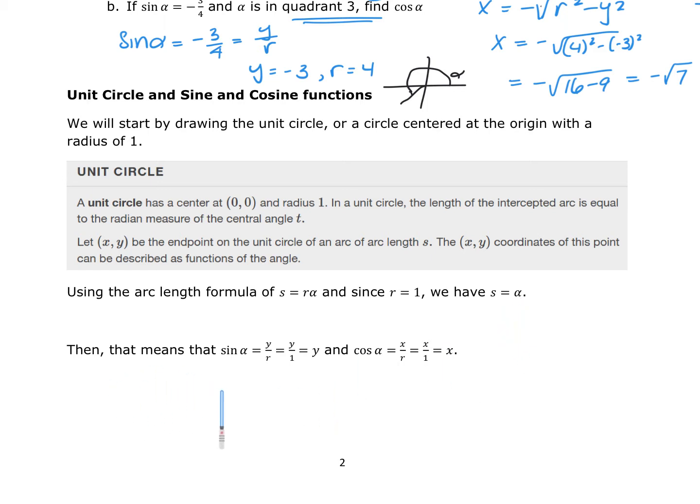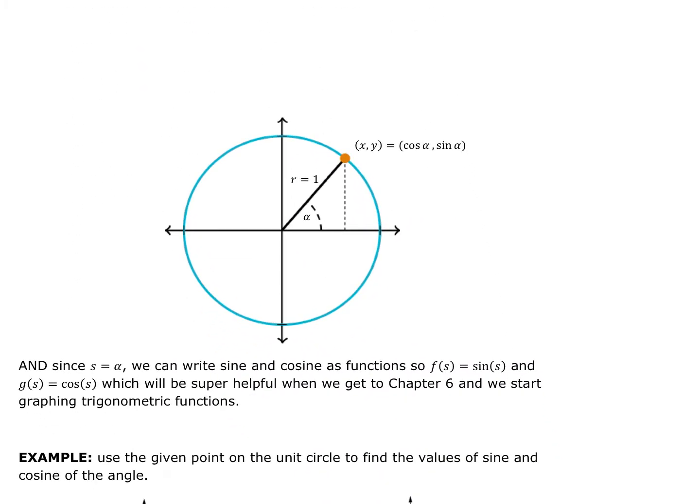That means, going back to where we really were talking about, was the sine of alpha being y over r. The sine of alpha on the unit circle ends up just becoming the y part of the ordered pair. Similarly, the cosine of alpha, which is x over r on the unit circle, just becomes the x part of the unit circle. So we get this. If we have a radius of 1 now, before we just said any radius, but a radius of 1, the x part becomes the value of the cosine of that angle, and the y part becomes the sine value of that angle.